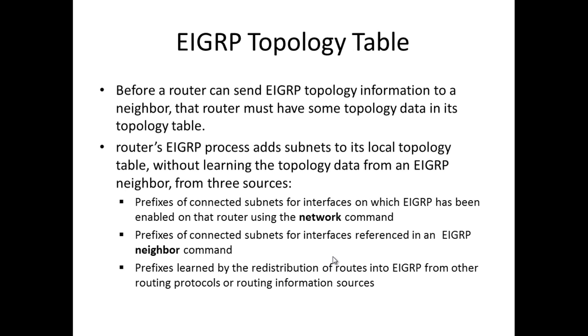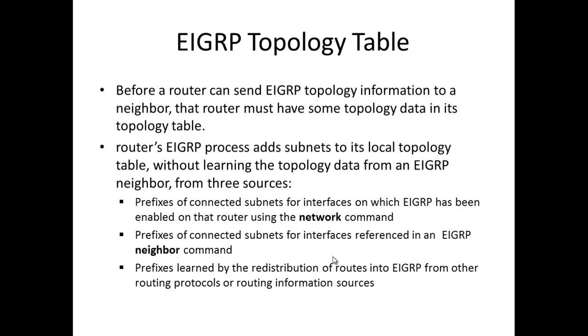Now we will move on to the EIGRP table. Before the router can send any EIGRP topology information to the neighbor, the router must have some topology data in its topology table. The router's EIGRP process adds to its local table, without learning from EIGRP neighbors, topology data from three sources.